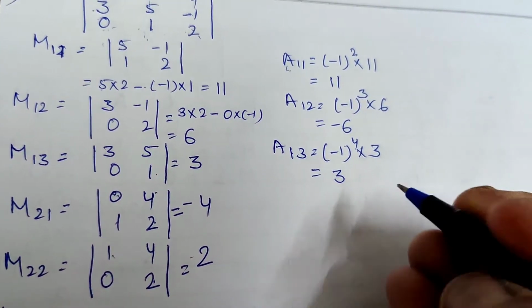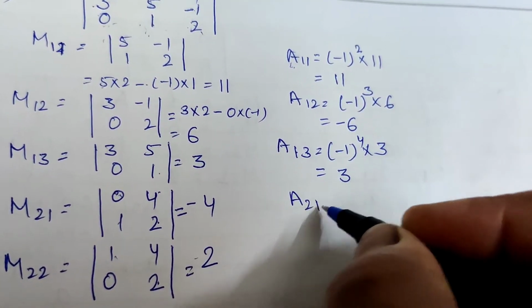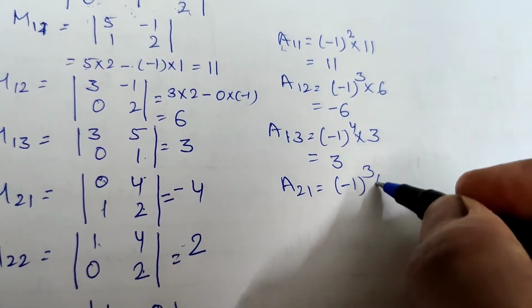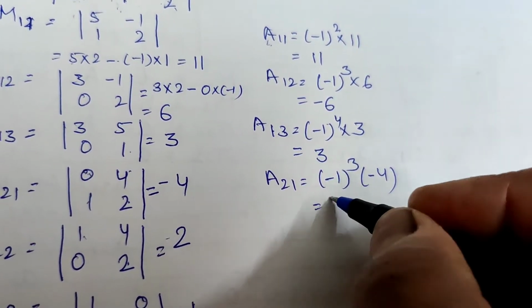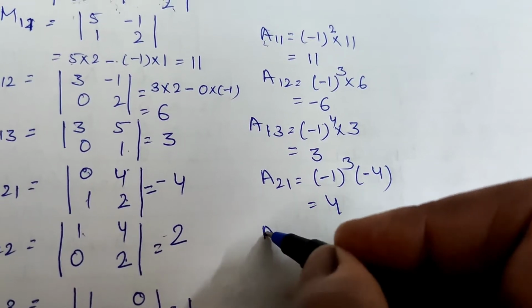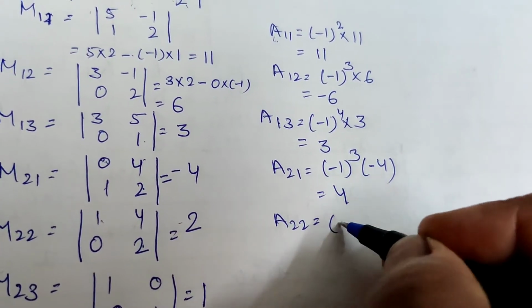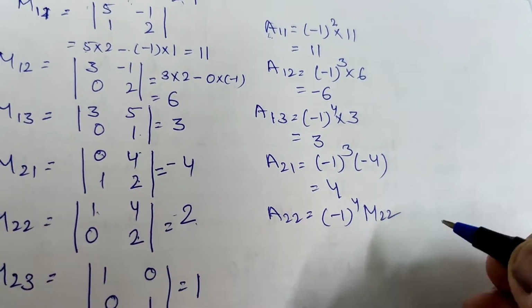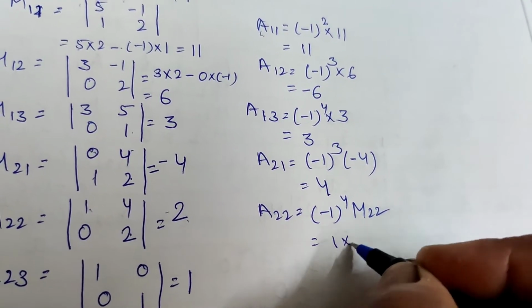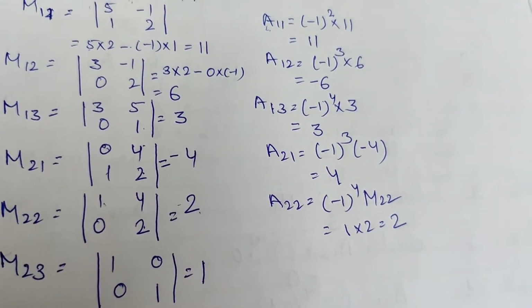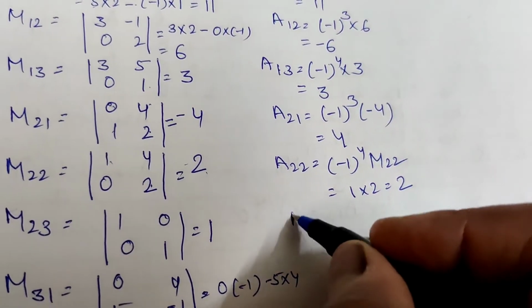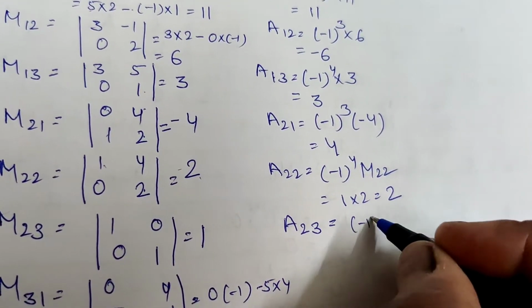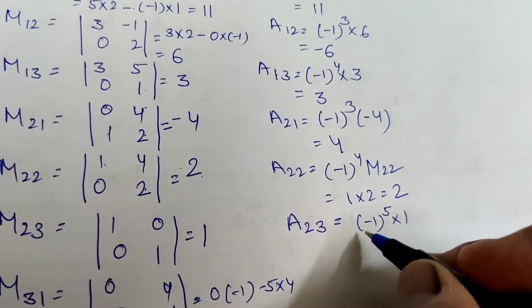It is 3. Now A21 is minus 1 raised to power 3 into minus 4. It is 4. A22 is minus 1 raised to power 4 into M22, it means 1 into 2 equal to 2. A23, cofactor of A23, means minus 1 raised to power 5 into 1. It is minus 1.